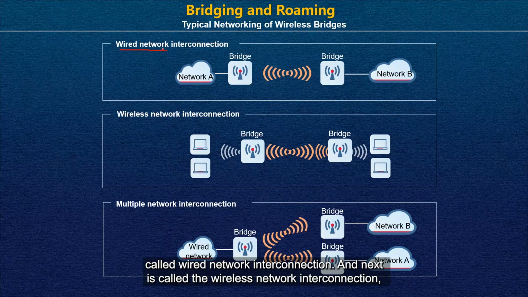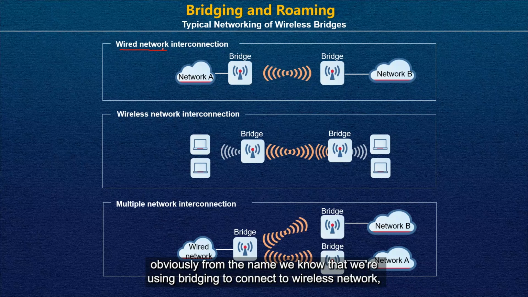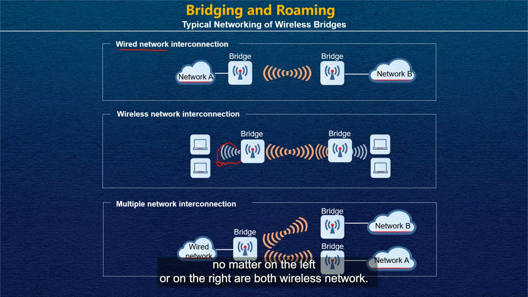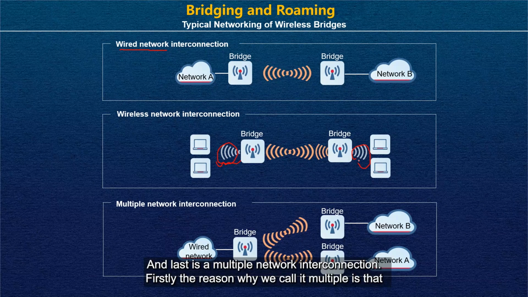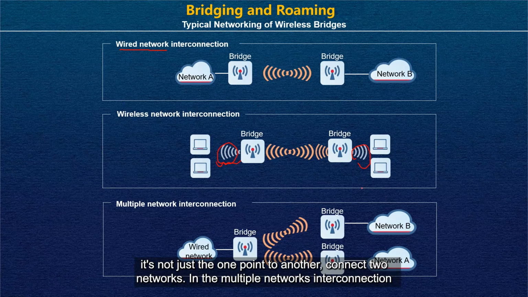And next is called wireless network interconnection. Obviously, from the name, we know that we're using bridging to connect wireless networks, right? See, on the left and on the right are both wireless networks. And last is multiple network interconnection. The reason why we call it multiple is that it's not just one point to another connecting two networks.